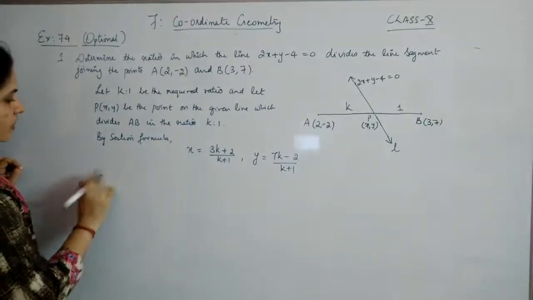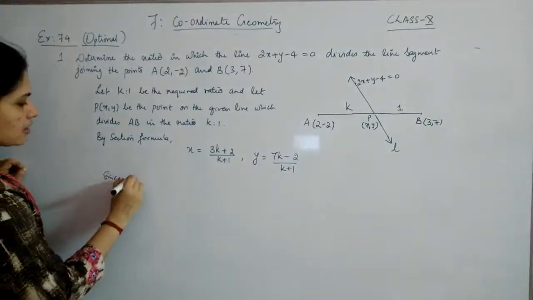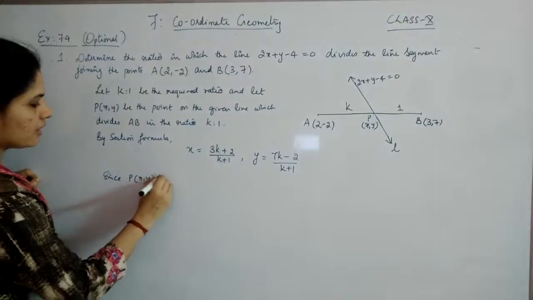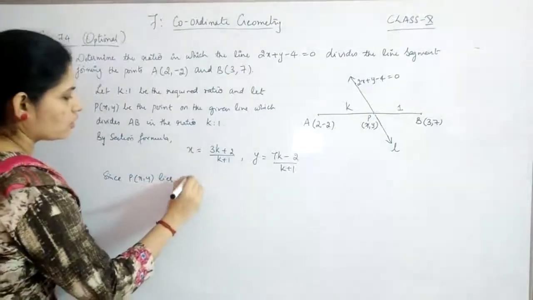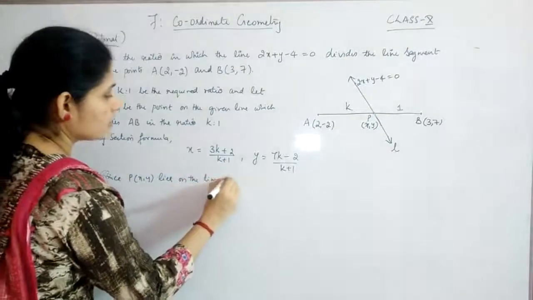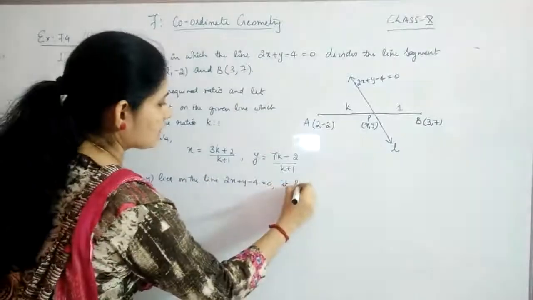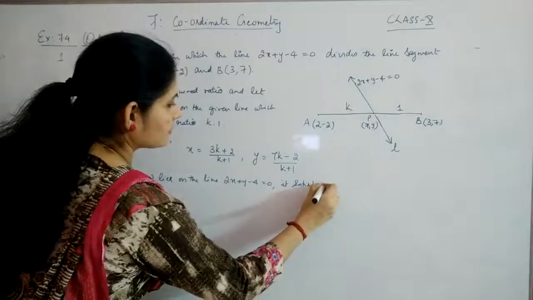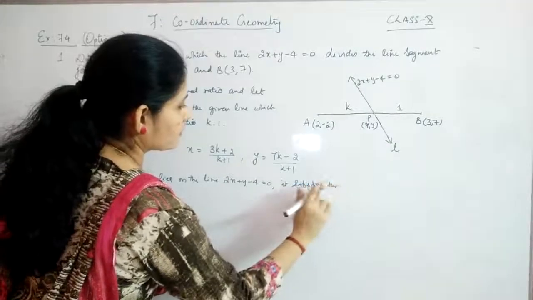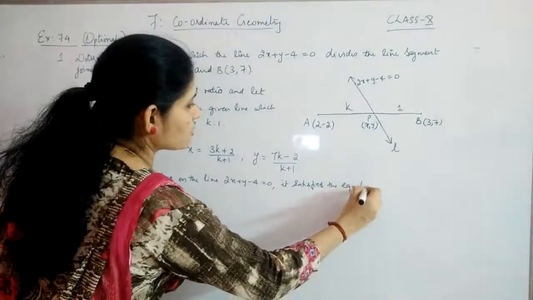Therefore, what we can say is since P(x, y) lies on the line 2x plus y minus 4 equal to 0, it satisfies the equation of the line also.